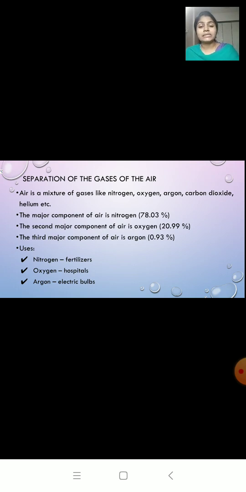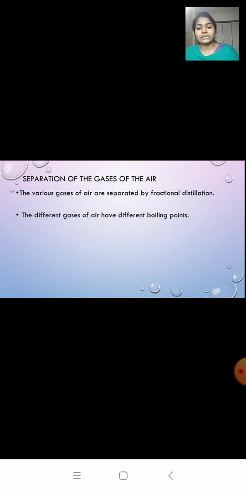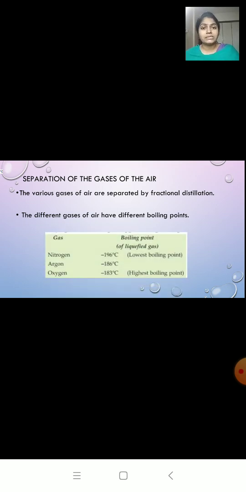Now let's see by which method we can separate gases. The various gases of air are separated by fractional distillation. Remember, the different gases have different boiling points.